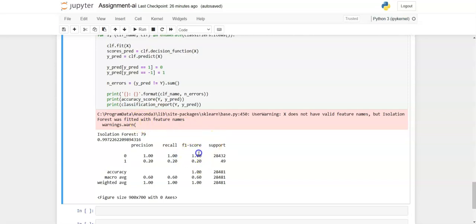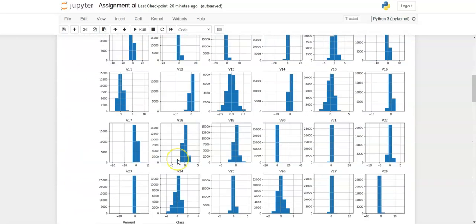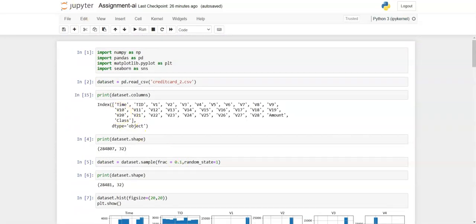The F1 score is the weighted average of precision and recall, for the fraud class. The F1 score is also 20%, which is really good compared to the traditional random forest. Thank you.